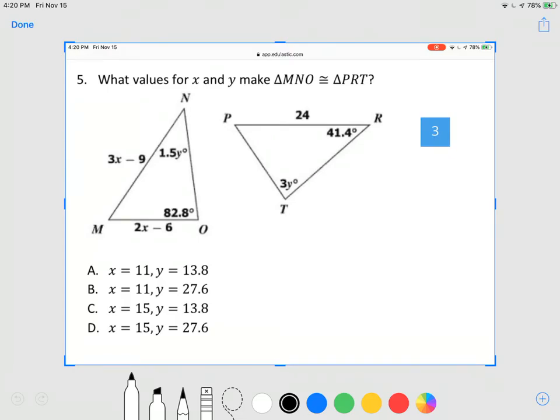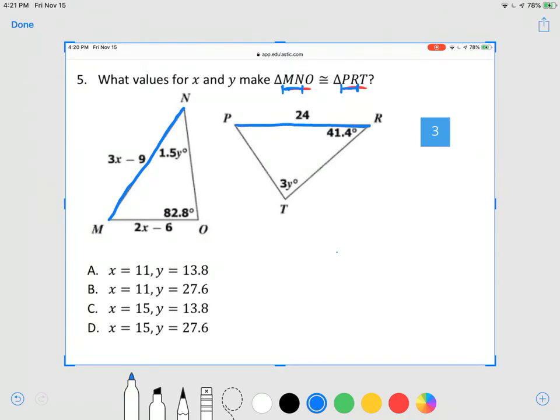So, one thing I want to review on this question is the fact that the order of these letters is important. So, for line segments, for example, if you take MN, this portion, that should be the same as line segment PR. So let's go find MN and PR. So MN is this line segment here, and PR is this line segment here.